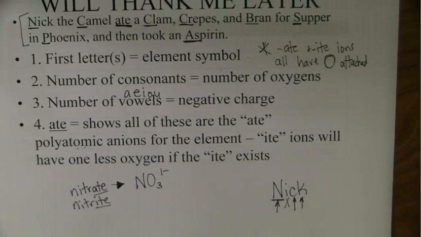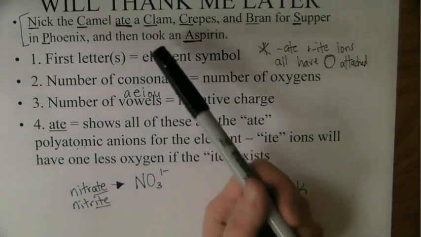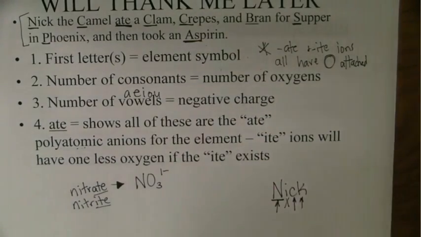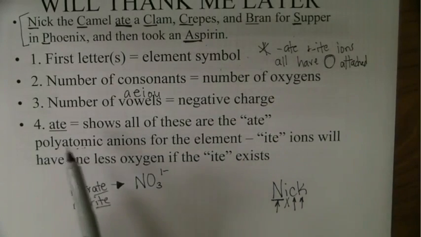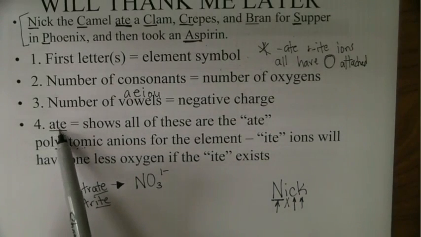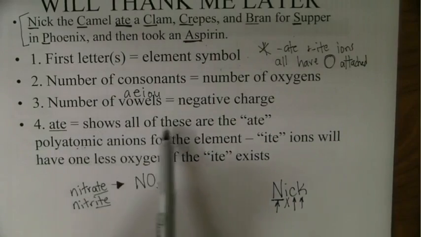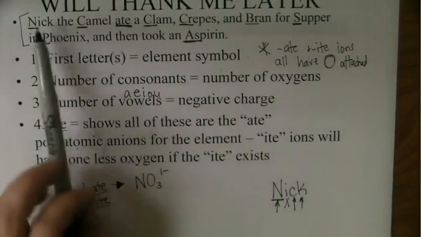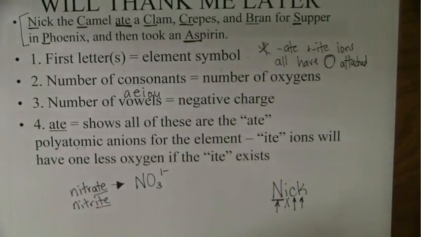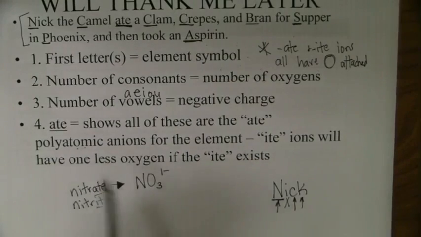So then what about nitrite? I said the sentence only applies to the -ates, but you can use it to remember the -ites as well. If you look at the 4th step, it's telling you -ate is underlined because all of these are the -ate polyatomic ions. All of these words from the sentence represent the -ate. Ite ions will have one less oxygen, if they exist. I'm not going to ask you which ones exist.